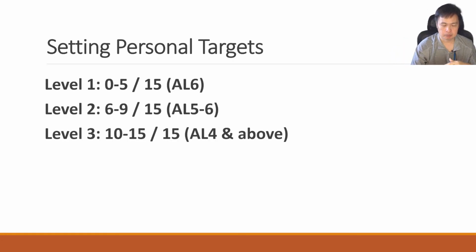The target I set for my students mostly is 11. I don't need a perfect score, and in fact, most students find it really difficult to get a perfect score. But if you're getting 11, 12 out of 15, that's a really, really good score. And you stand a pretty good chance of getting AL4 and above, maybe even AL3 or AL2.